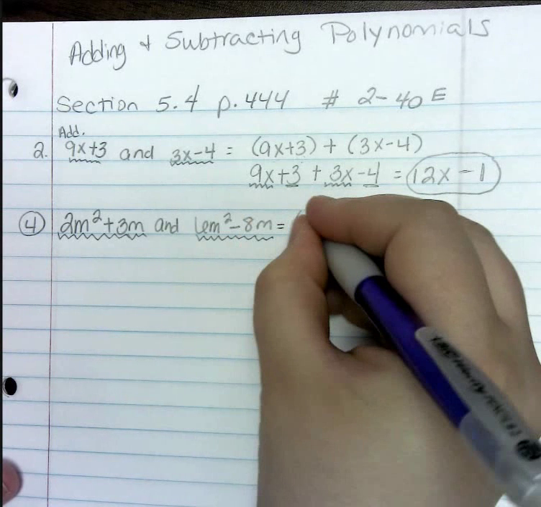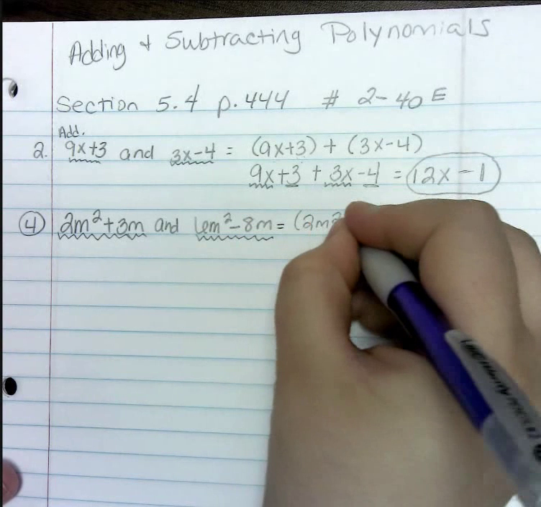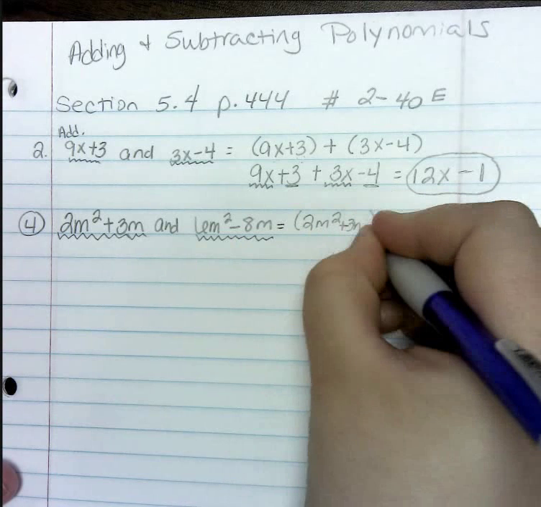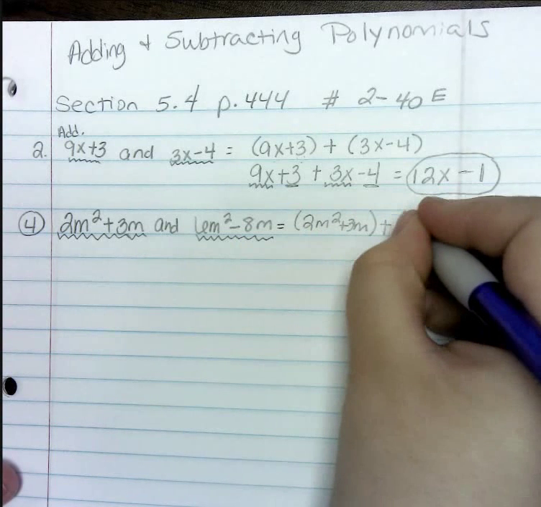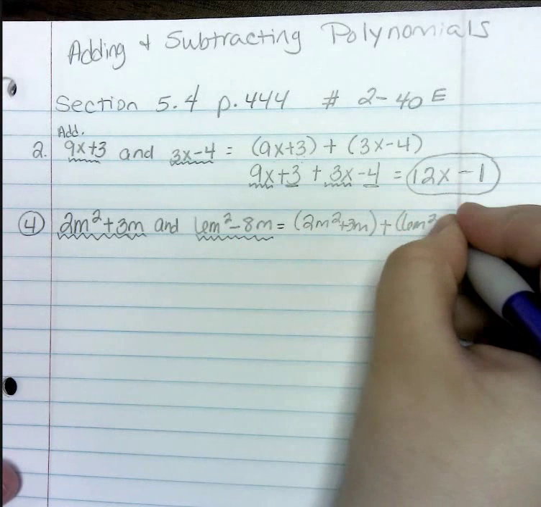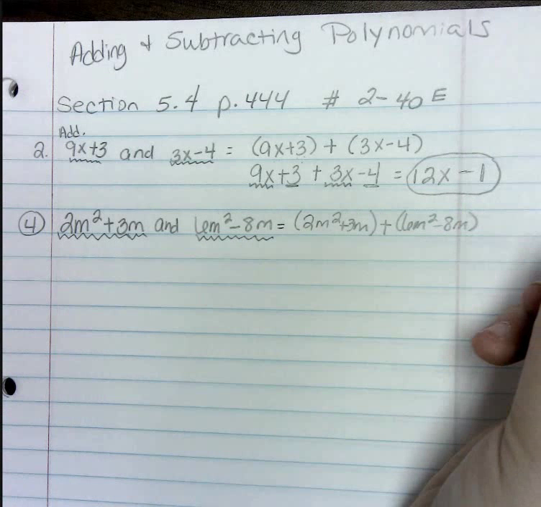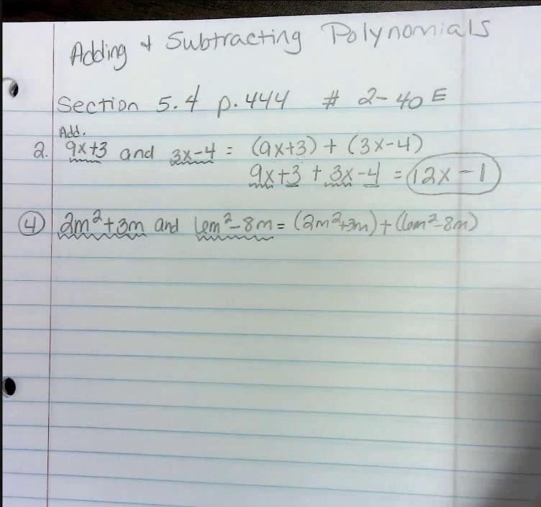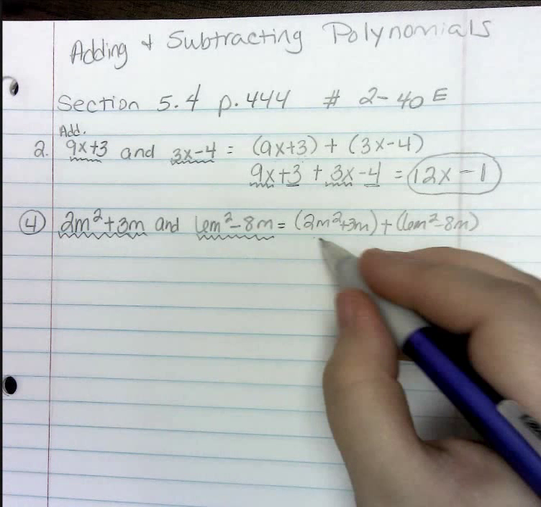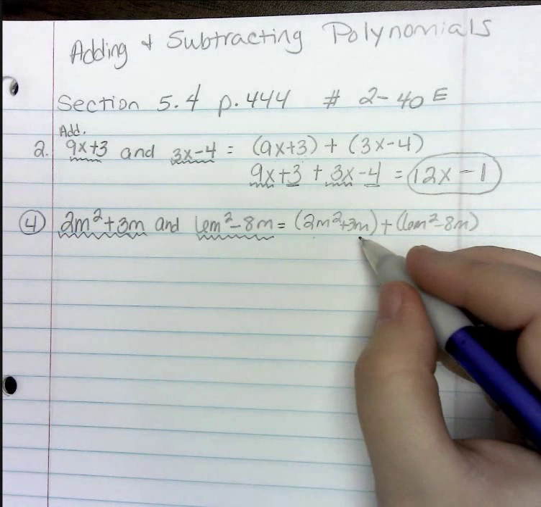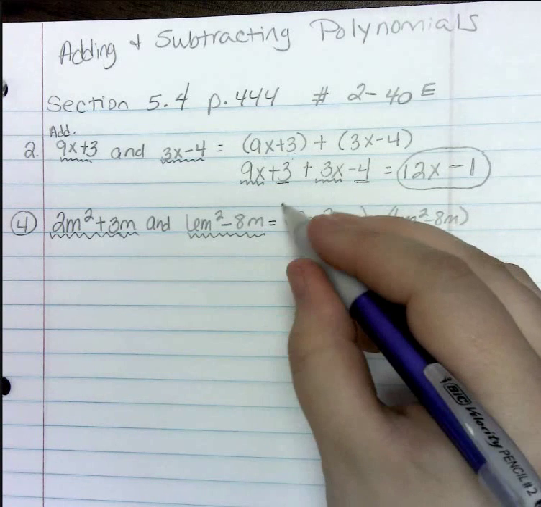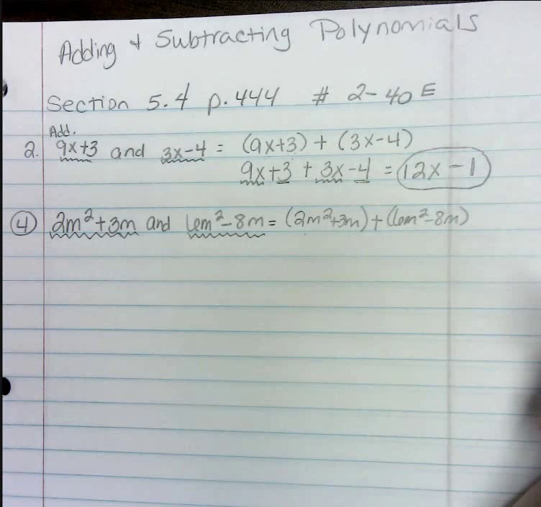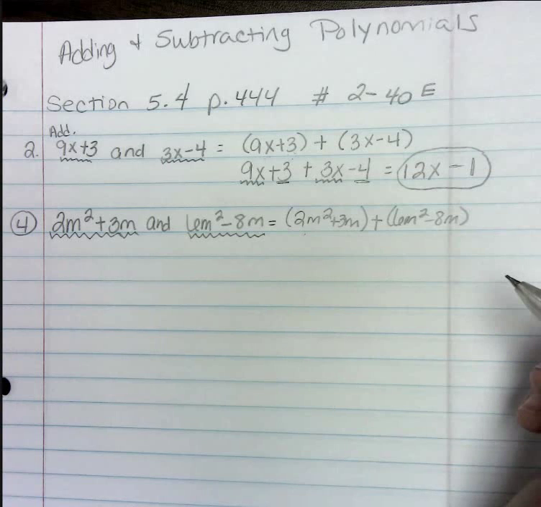So we have 2m squared plus 3m plus 6m squared minus 8m. So now we ask our questions. Can we combine the 2 terms inside of this set of parentheses? No. Is there anything other than that positive 1 multiplying out in front? No. So it can be released.